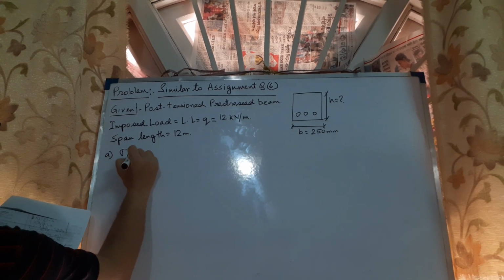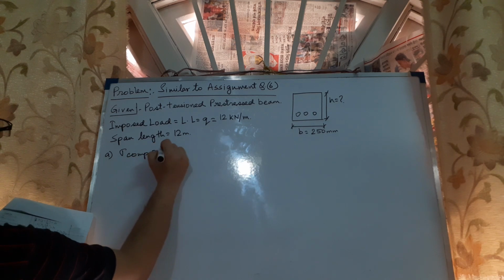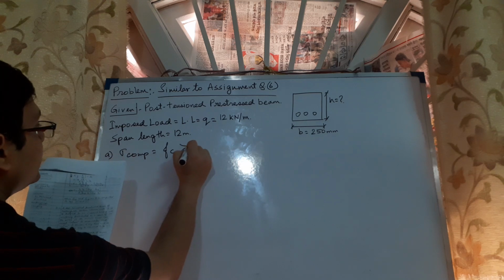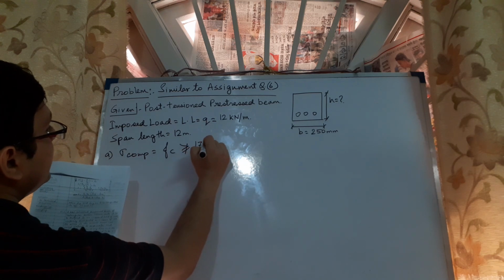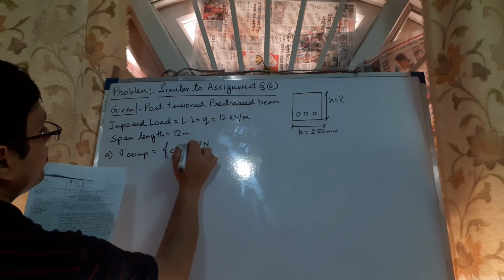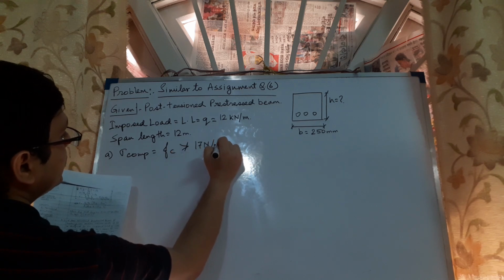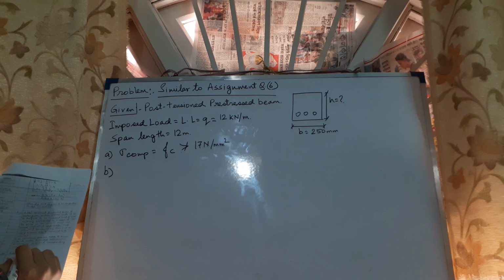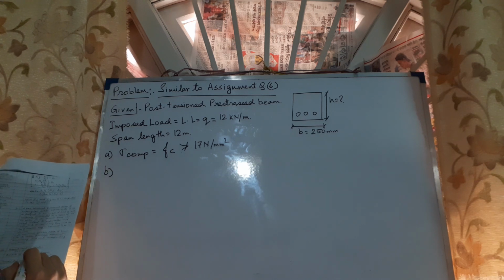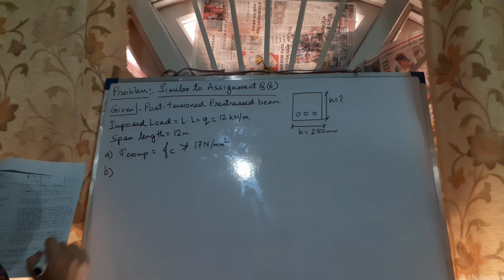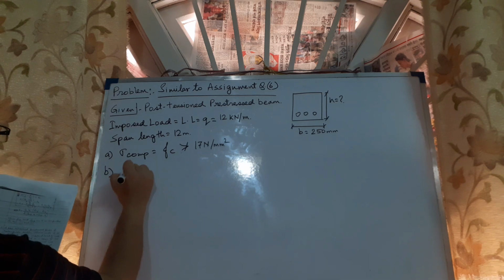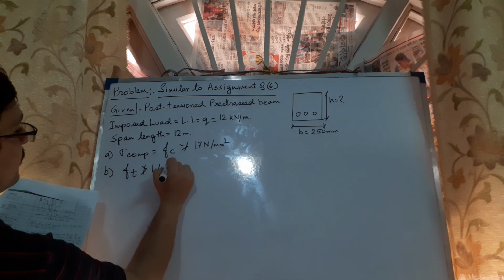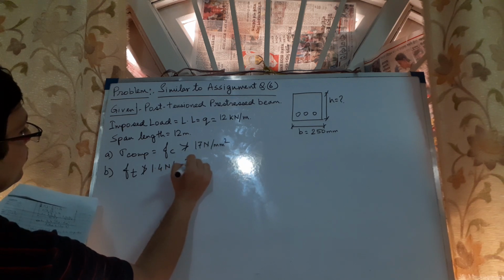That means the stress in compression at any stage should not exceed 17 Newton per millimeter square, and it is again given that the tension at any time should not exceed 1.4. So Ft should not exceed 1.4 Newton per millimeter square.